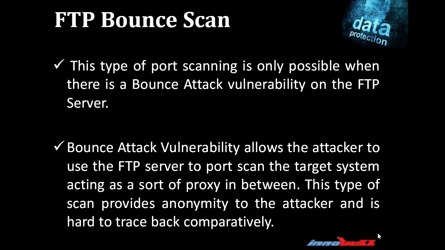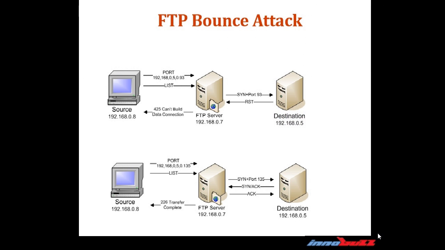This type of scan provides anonymity to the attacker and is comparatively hard to trace back. You can see the diagram of FTP bounce scan. Here the target is affected by the FTP bounce vulnerability. That's why we get the result of the scan.